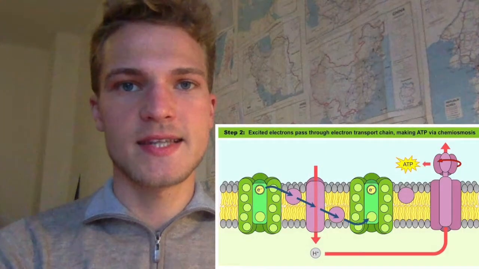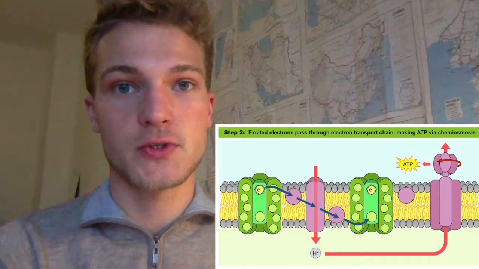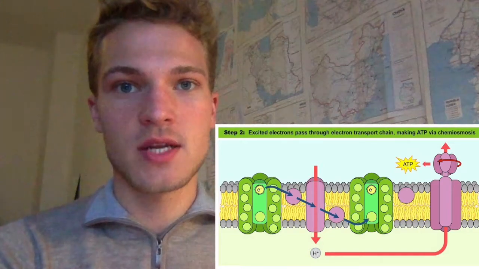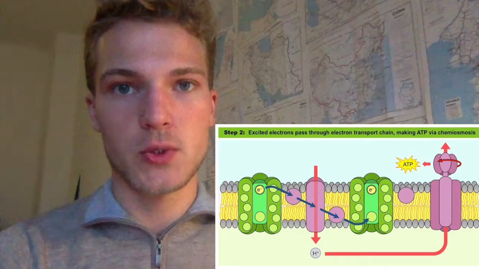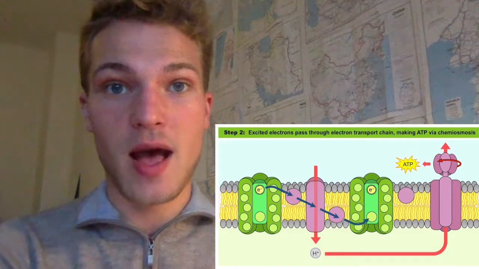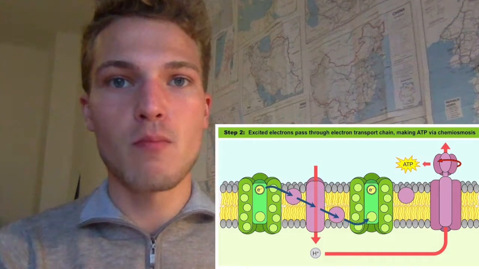So photosystem 2 is the one where that happens first. Our excited electron can then be passed down the electron transport chain, and we're using it in the carrier molecules that are also embedded in the membrane, just as it also happens in cellular respiration, to create a proton motive force.